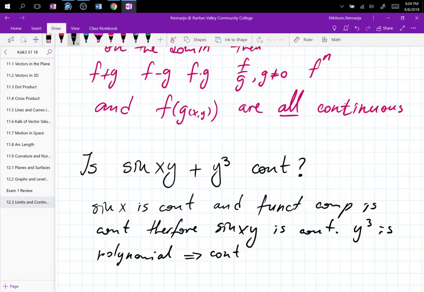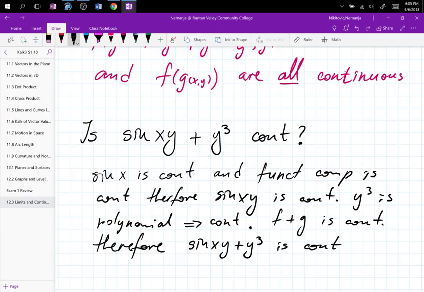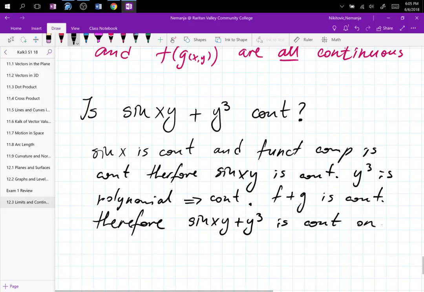Again, a theorem in Calc 1. So now, finally, we know that f plus g is continuous by the theorem above. Therefore, sine of xy plus y cubed is continuous on R2. The domain is in R2, right? It's a two-dimensional domain.